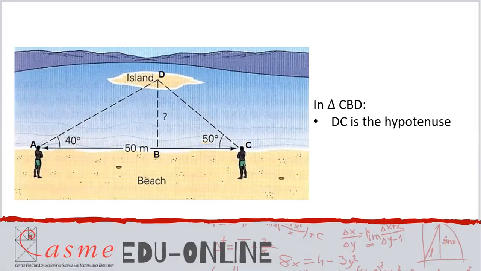Generally, it is the longest side in your triangle. Now, I want you to know that it doesn't matter how your triangle is orientated. As long as you can identify your right angle, the side opposite the right angle will be your hypotenuse. Which side will be the opposite side to angle C? Because you know angle C is 50 degrees. The side opposite angle C is DB.